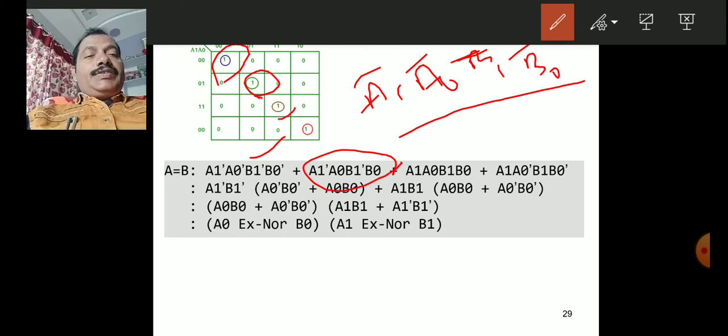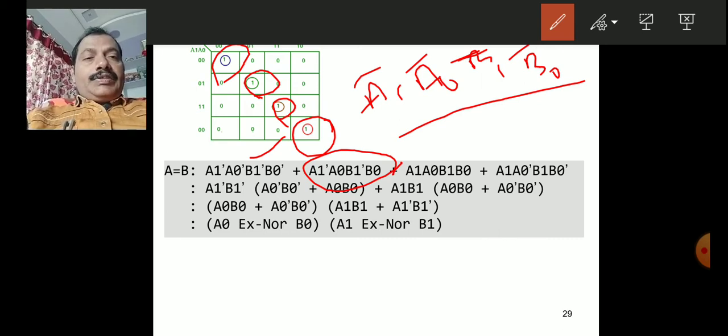Similarly, for this one, A1, A0, B1, B0. Next, the last minterm, this is A1, A0 bar, B1, B0 bar. Actually this is the 1 0 combination.